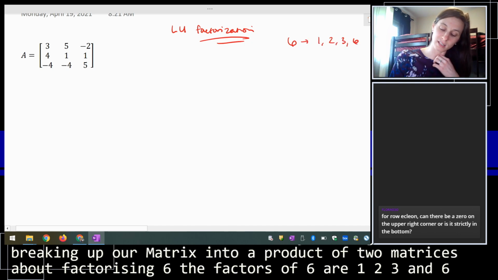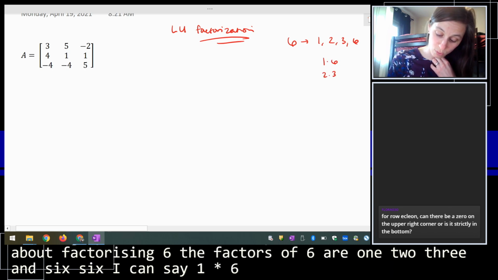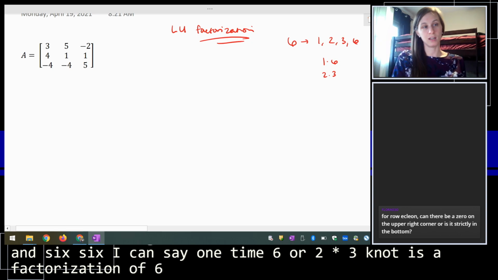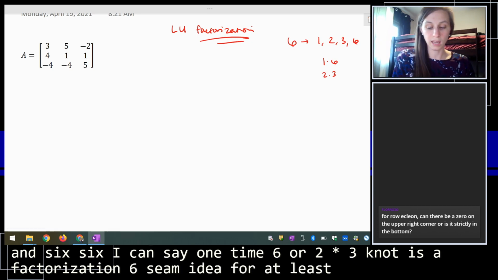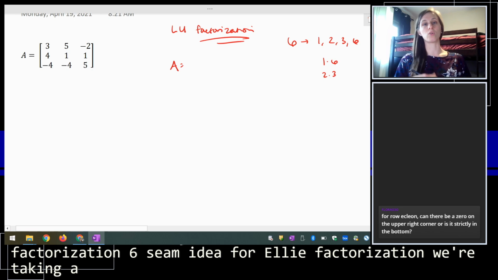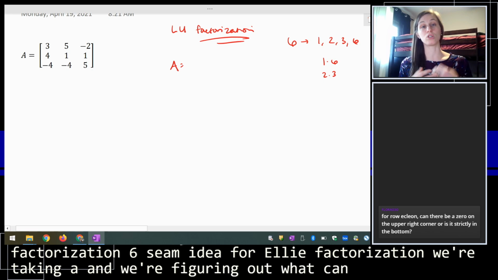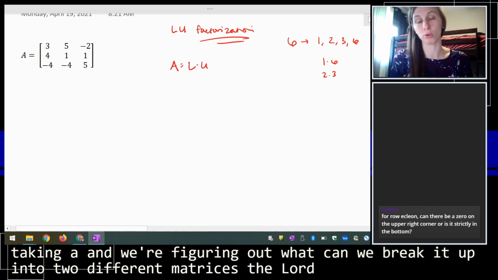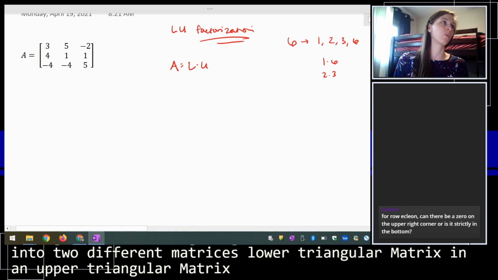In order to get 6, I can say 1 times 6 or 2 times 3. That is a factorization of 6. Same idea for LU factorization. We're taking A and figuring out can we break it up into two different matrices, a lower triangle matrix and an upper triangle matrix. So that's what we're talking about when we say factorization.